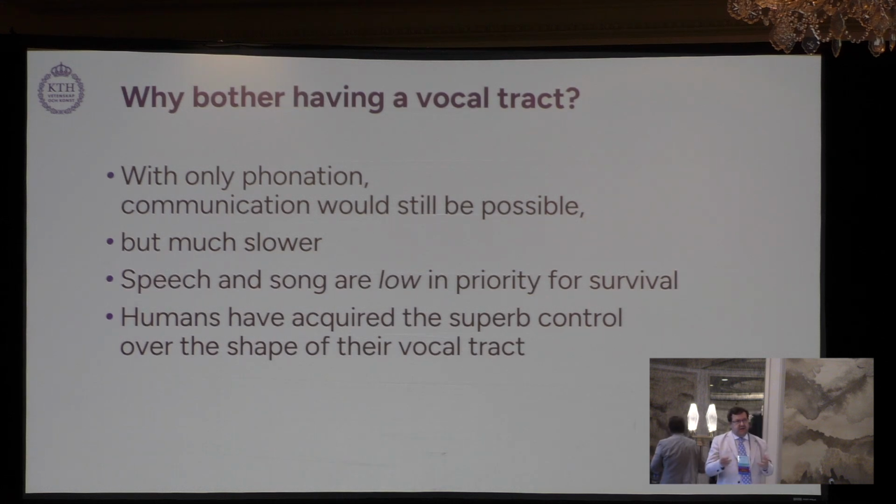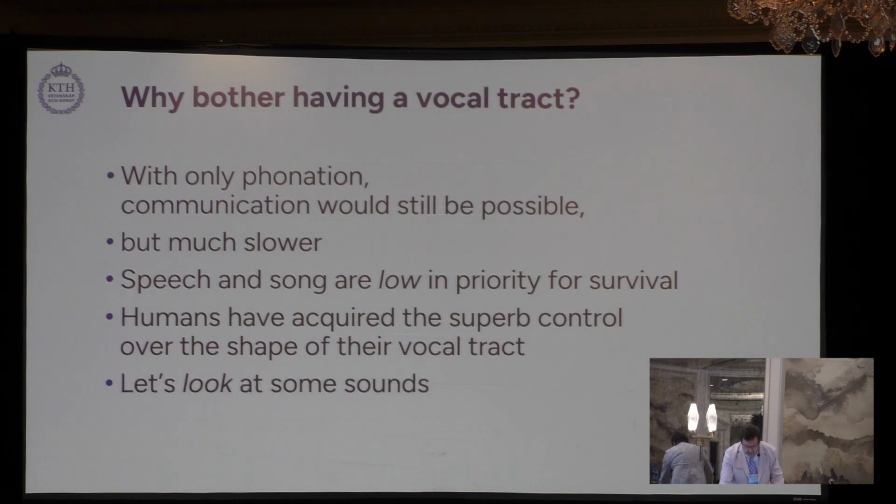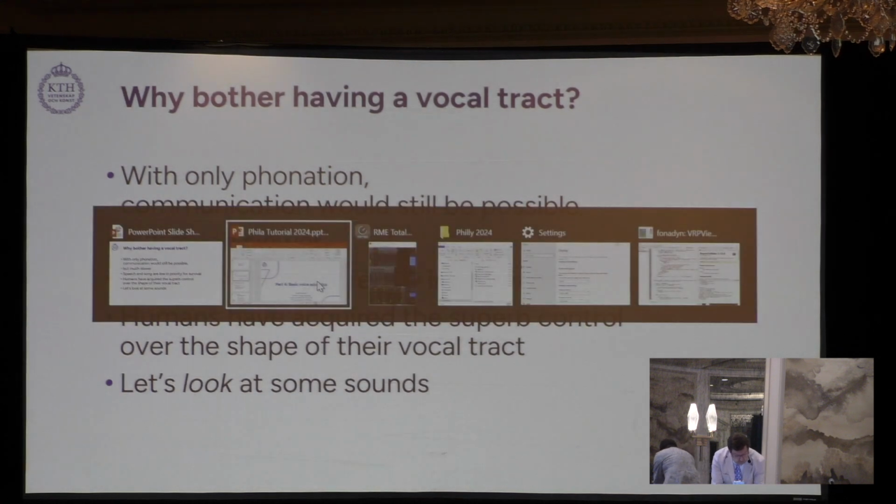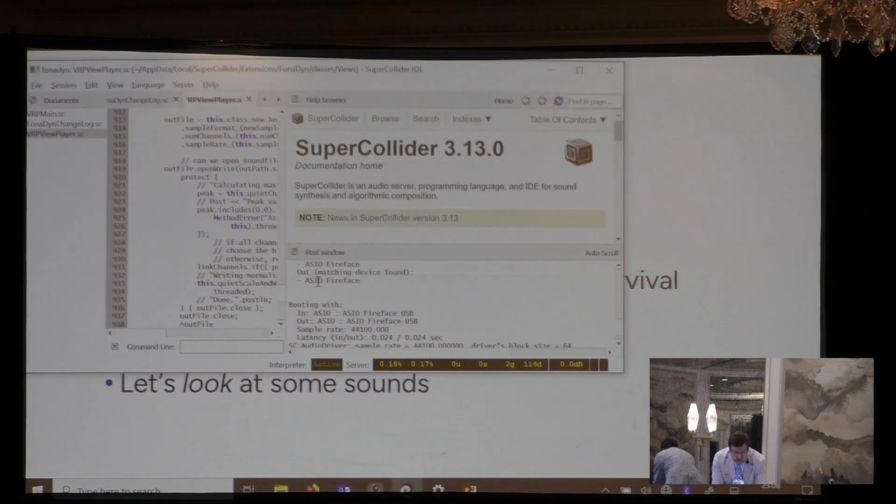Dogs can get along with a smaller repertoire of meanings. So let's look at some sounds. Since I'm an engineer, I want to see what comes out. To do that, we're going to first make a little deviation. Let's see now. This is dancing on a thin line, I'll tell you.